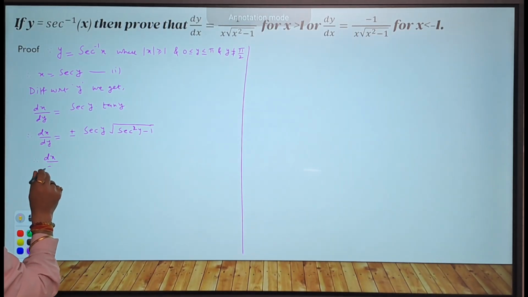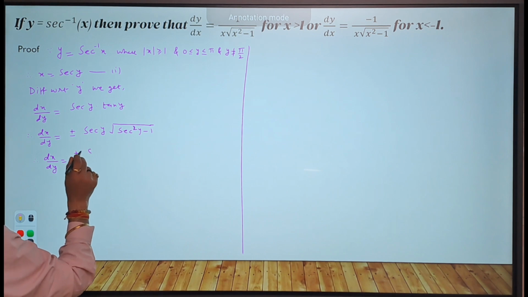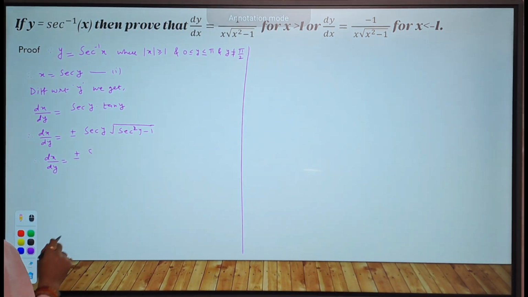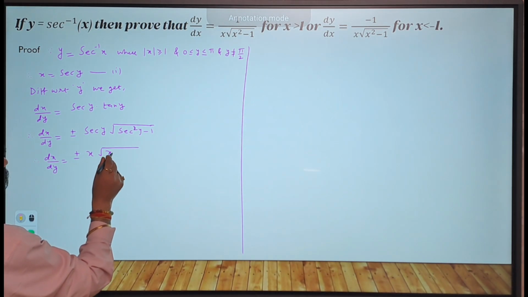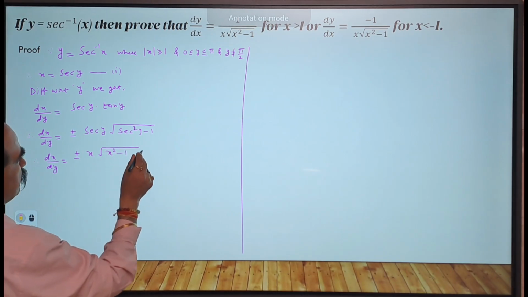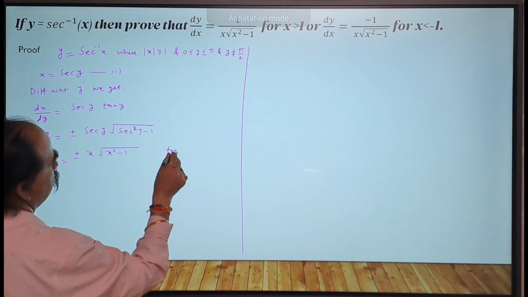So dx by dy is plus minus sec y, which is x, root x square minus 1, from 1.